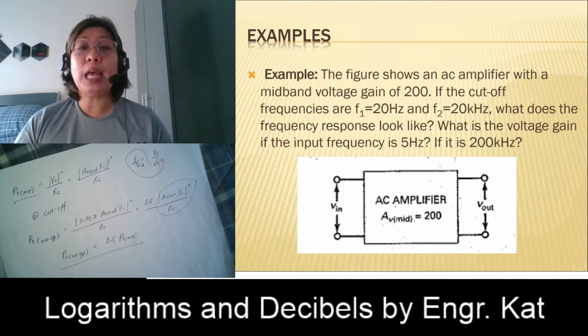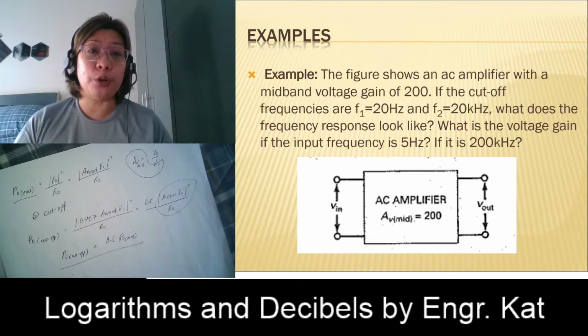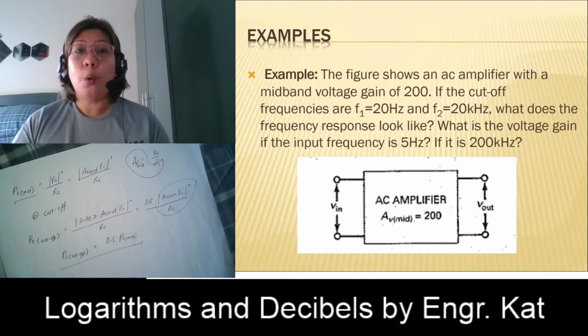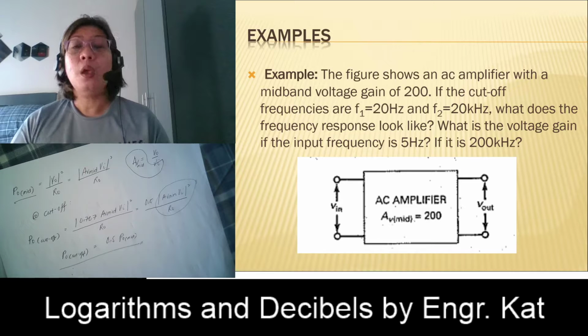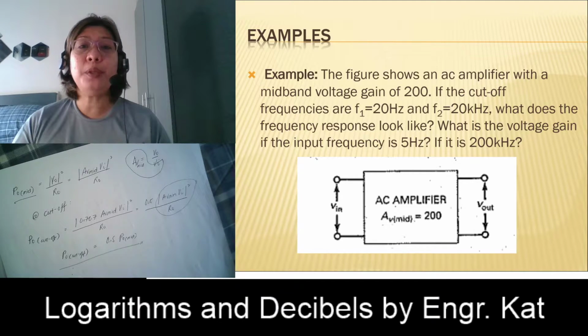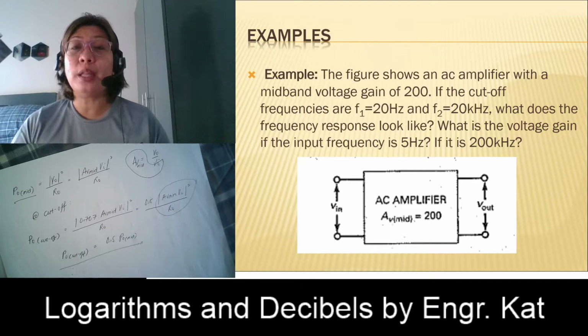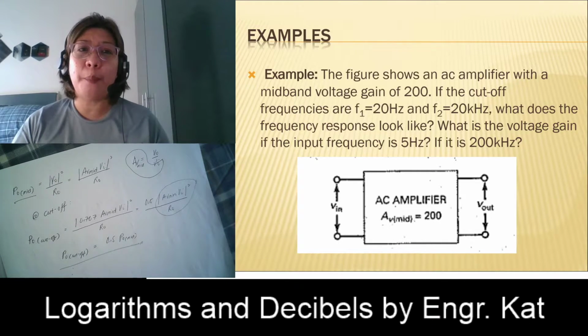If the cutoff frequencies are 20 Hz and 20 kilohertz, what does the frequency response look like? What is the voltage gain if the input is 5 Hz, considering that 5 Hz is lower than 20 Hz, and if it is 200 kilohertz, considering that 200 kilohertz is greater than the upper cutoff, which is 20 kilohertz?